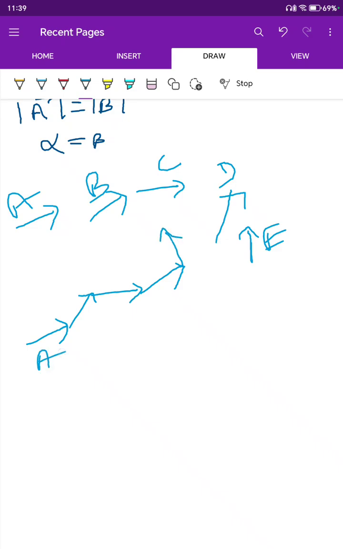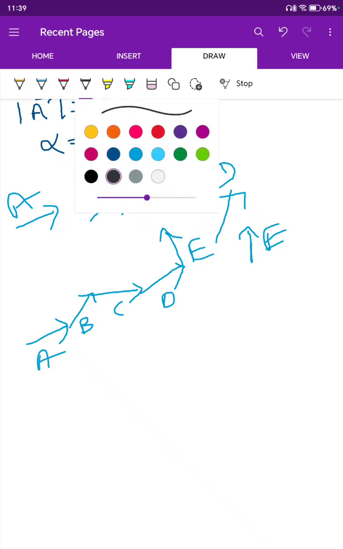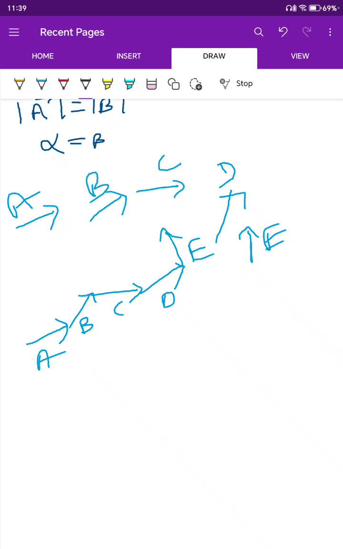And what is the resultant vector? Combine the tail of the first vector to the head of the last vector. This is the resultant vector, like a plus b plus c plus d plus e, whatever you have. Okay, so this is what the polygon law says.